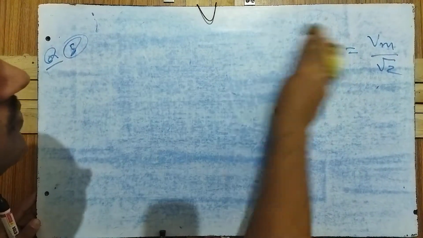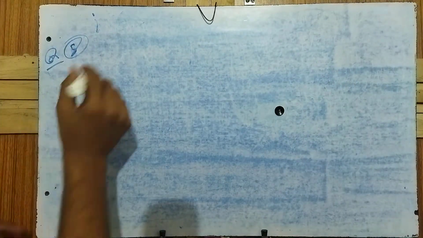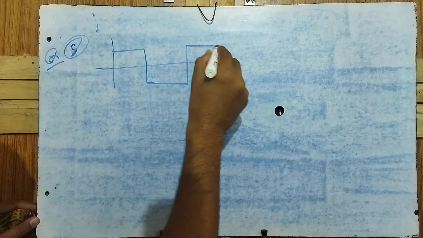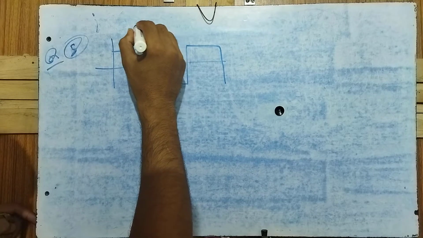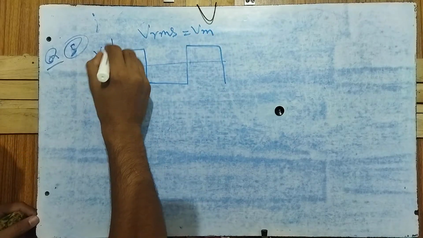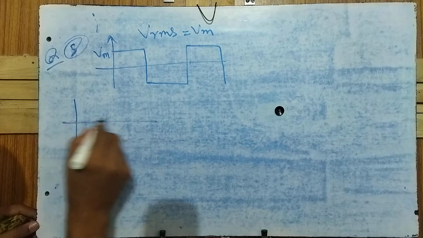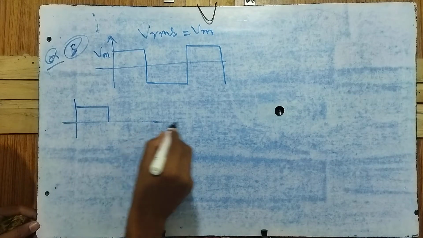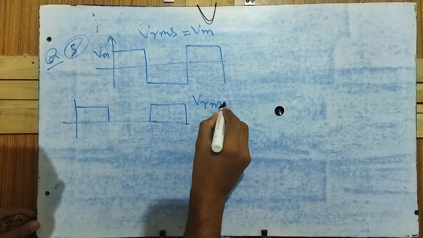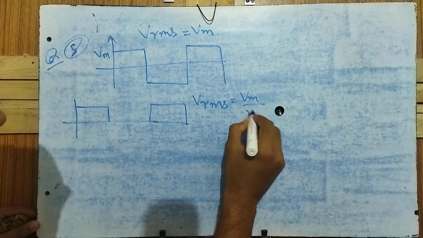So next, if it is a rectangular pulse, here Vrms is Vm. If it is only half wave, its value will be Vm by root 2.